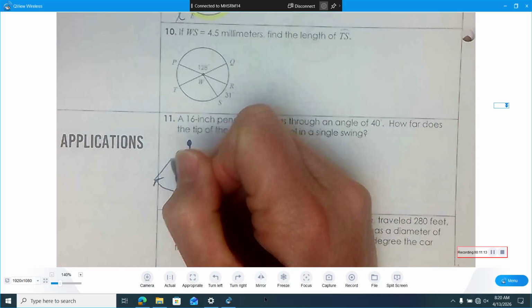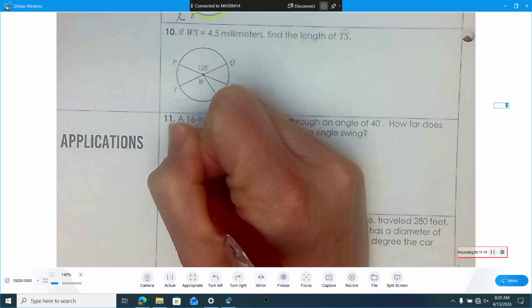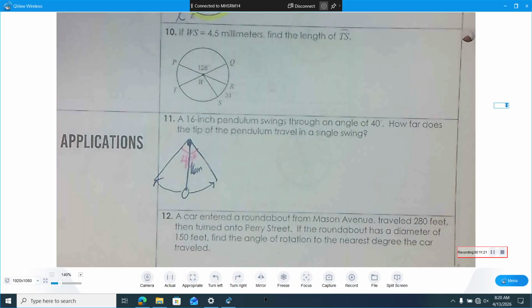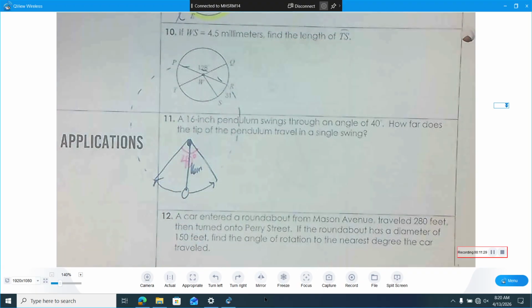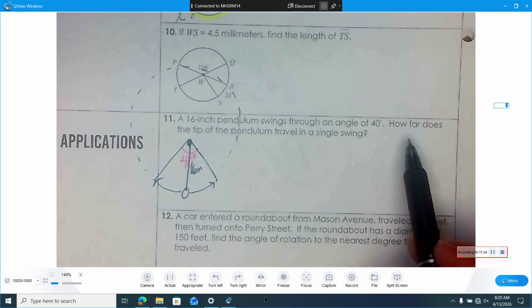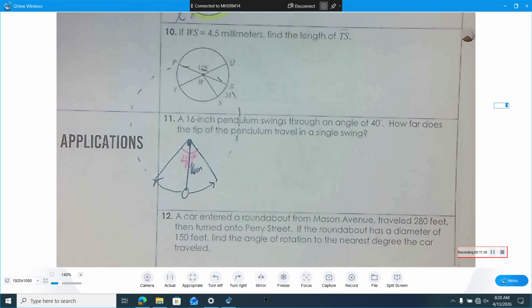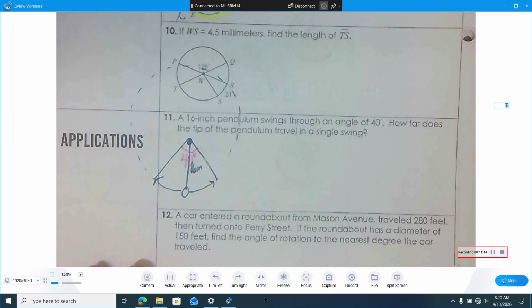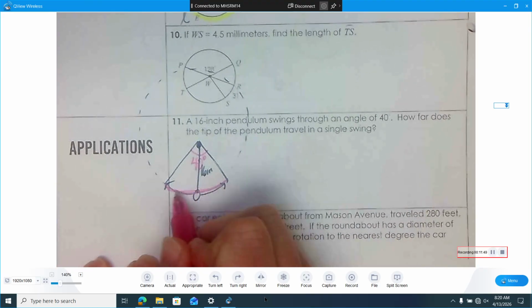So what we have here is this lovely little 40-degree angle. And you can imagine that that is the swinging part, if it went all the way around, it would be a portion of a circle. So if we want to know how far does the tip of the pendulum travel in a single swing, then this is really simply asking what is the length of the arc that it travels here.